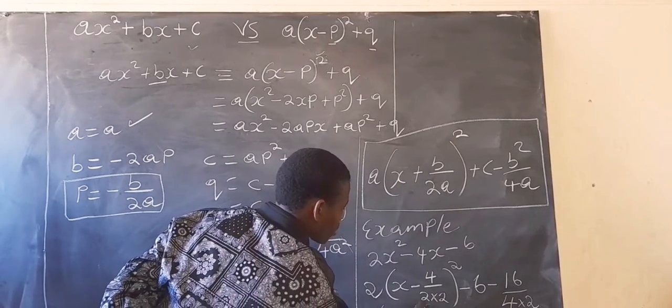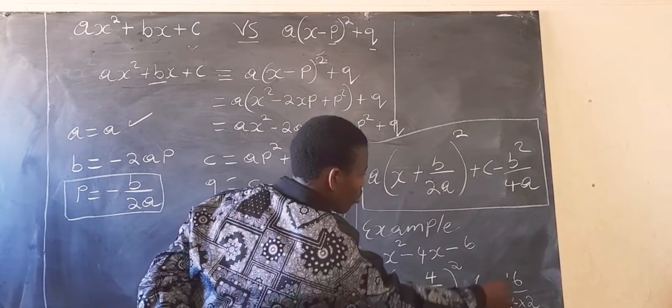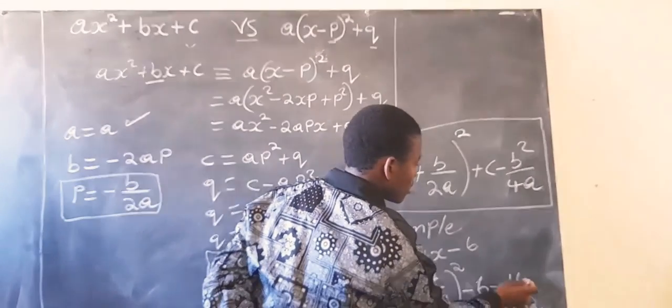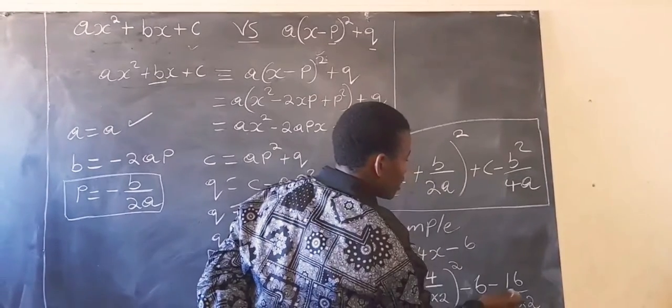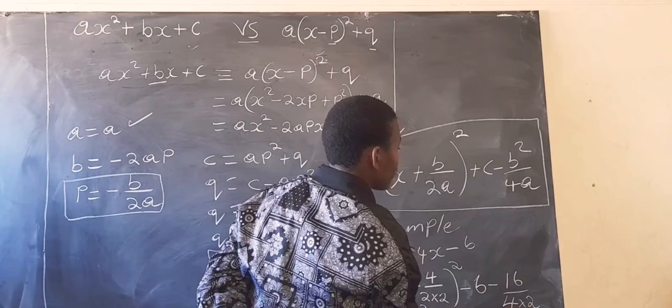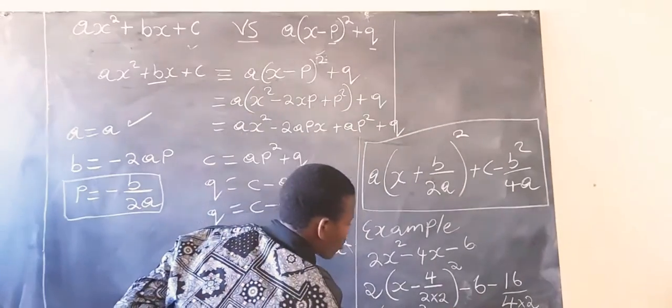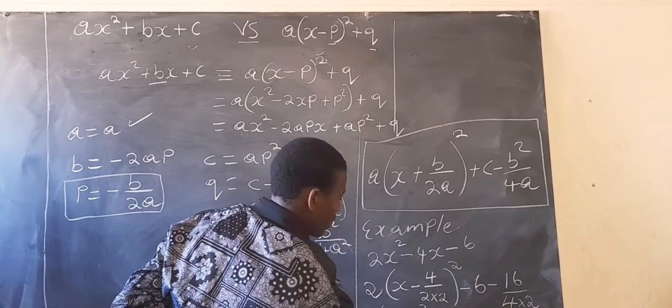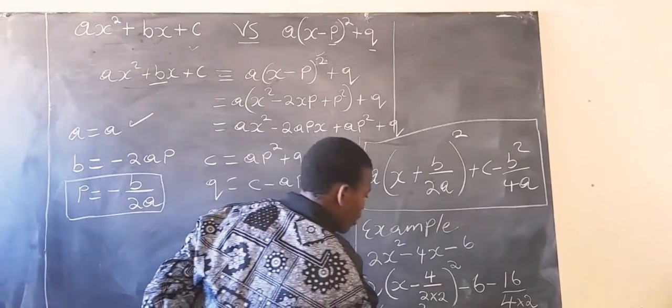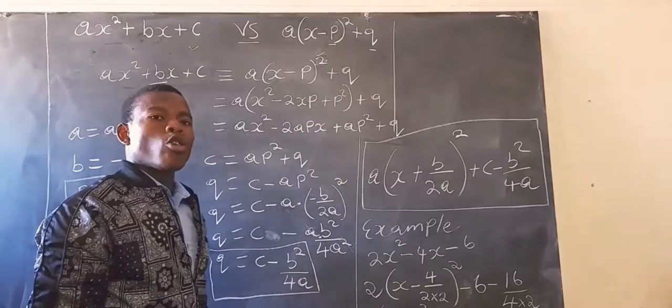So we have this squared. Then we simplify that one. 16 divided by 8 gives you a negative 2, and minus 6 just gives negative 8. So this is the format that you have without completing the square.